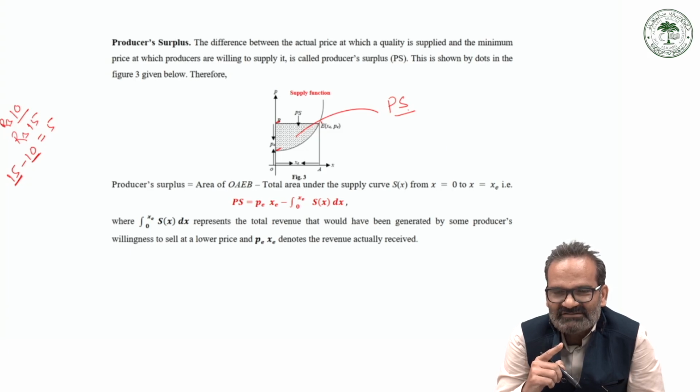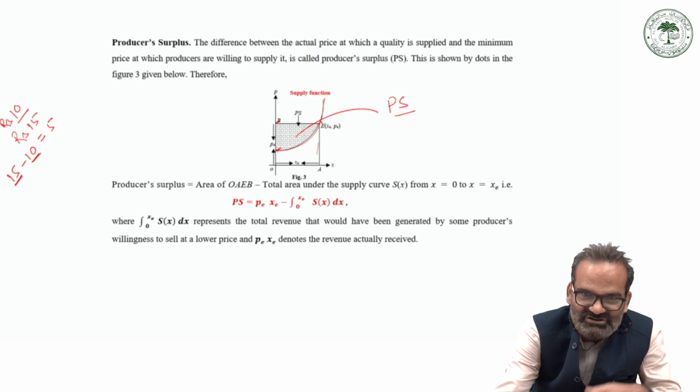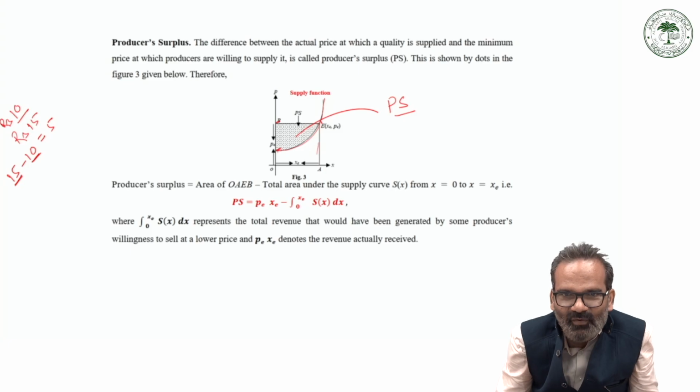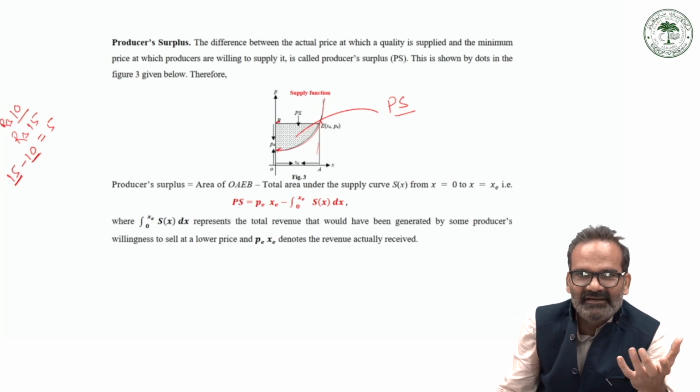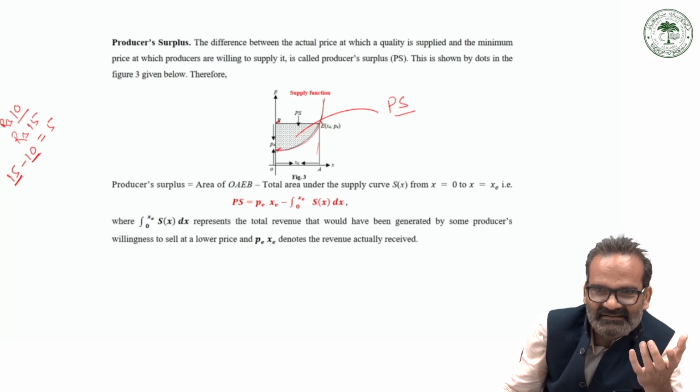See, this is your curve, right? Area under the curve means this portion below the curve. So if you subtract the portion below the curve from the given rectangle OAEB, you will get the required area of the shaded portion, which is represented as the producer's surplus.